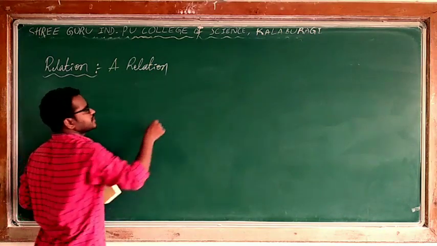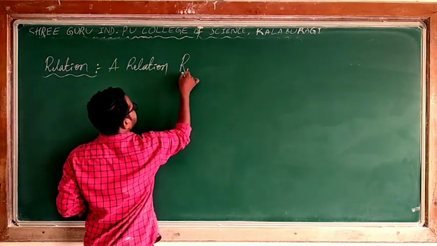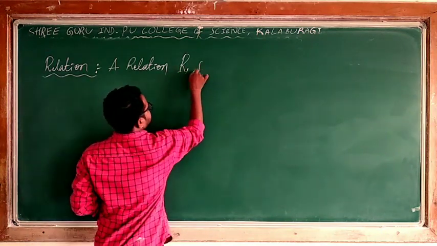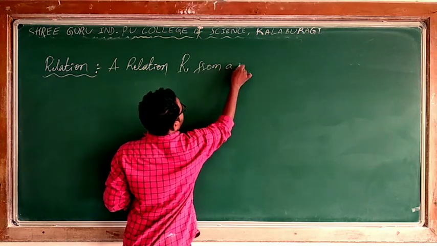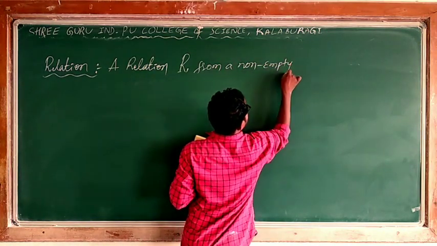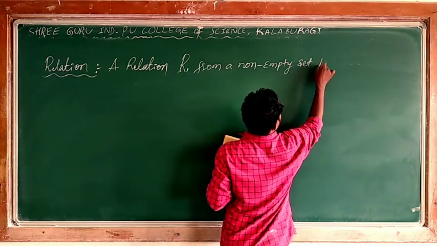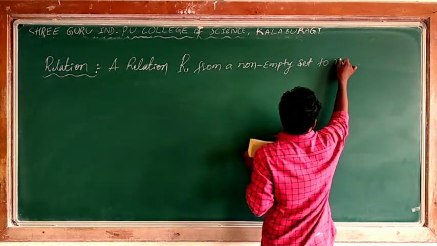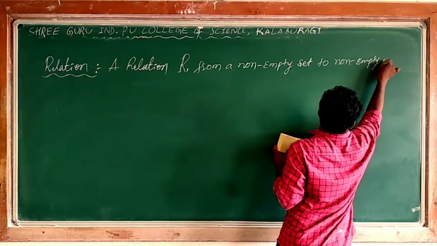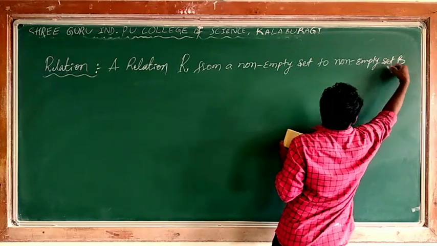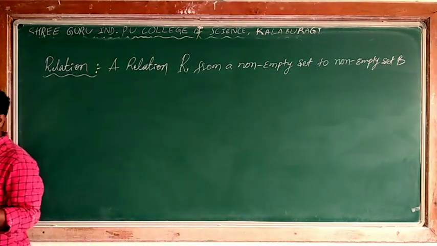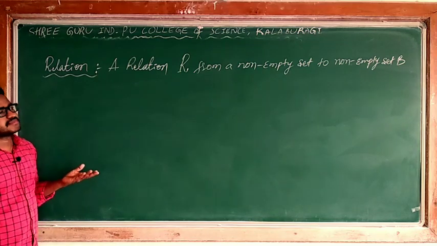Usually relation is denoted by capital R. Whenever we are saying R, here relation we are saying. A relation R from a non-empty set A to a non-empty set B. Usually when you are defining relation, we are defining relation on sets.